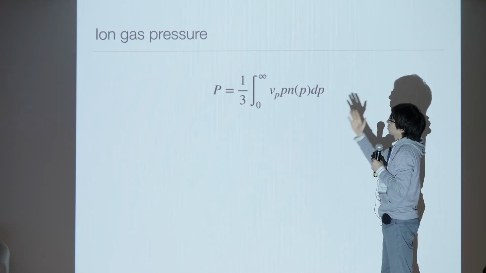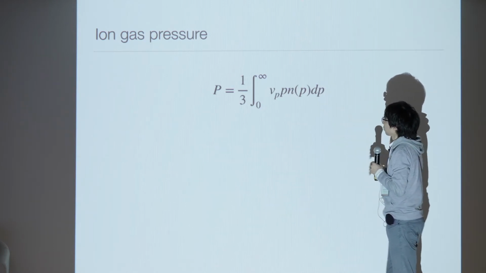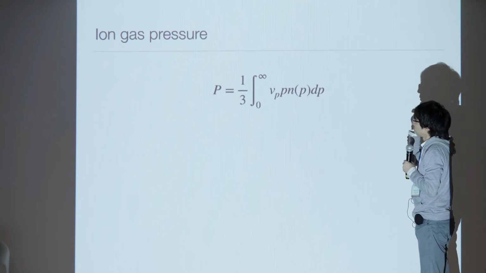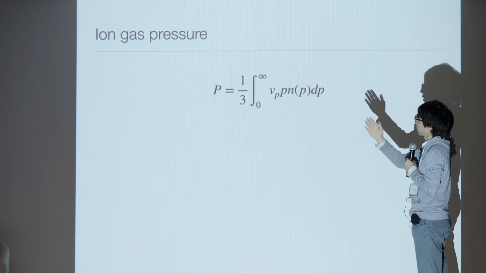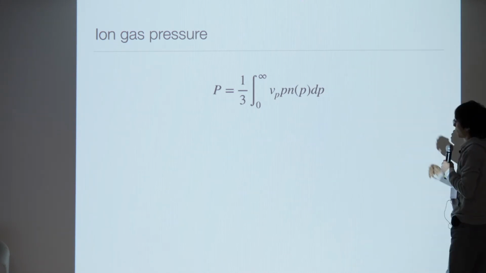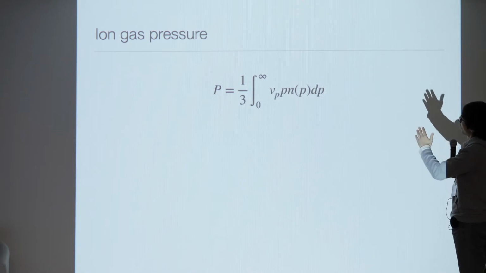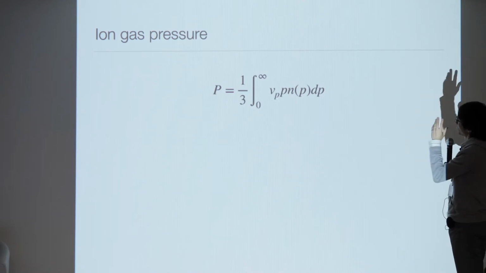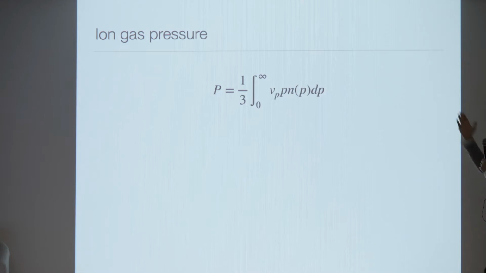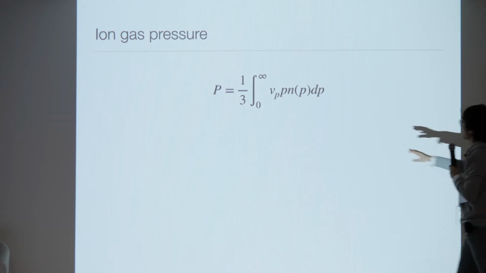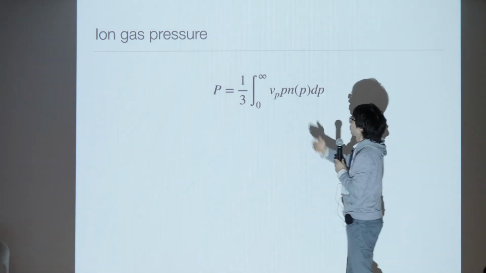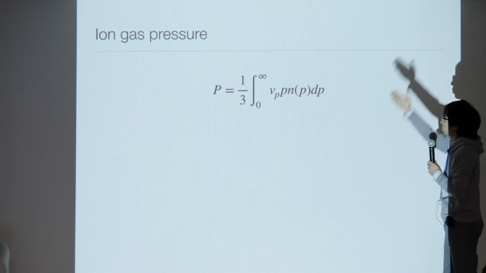And of course, we are living in a three-dimensional world, so some material is going in the X direction, some in the Y direction, and the others in the Z direction. So, very roughly speaking, if we think about one plane, then 1/3 of all the material should give pressure to one surface.